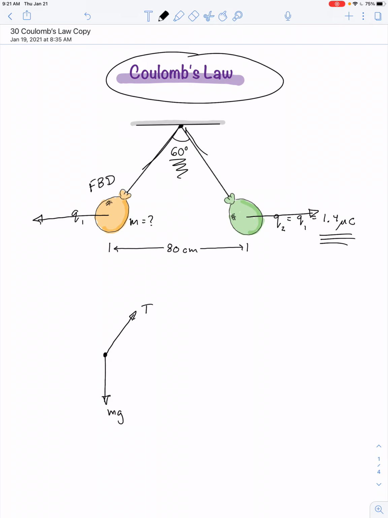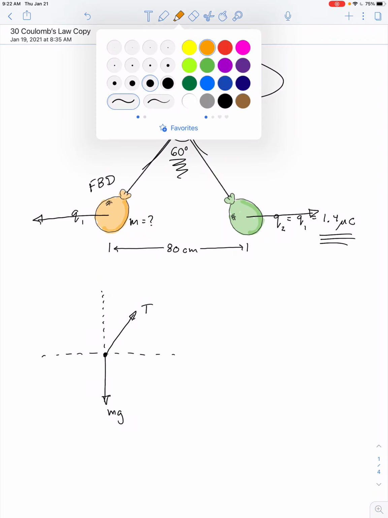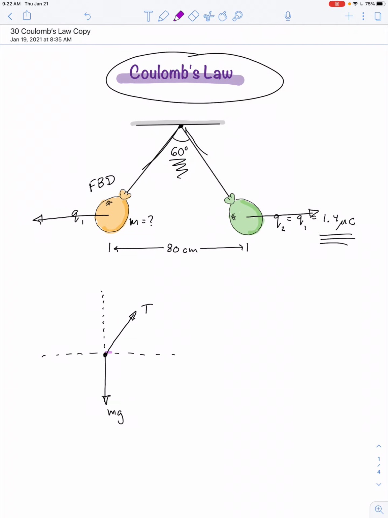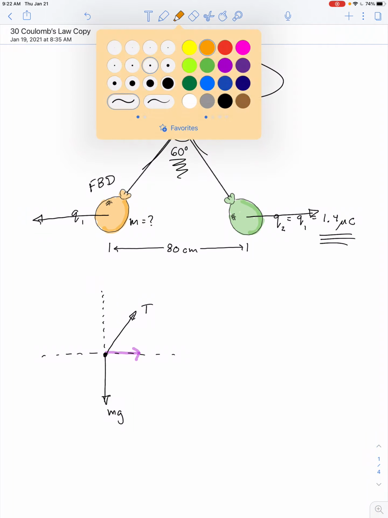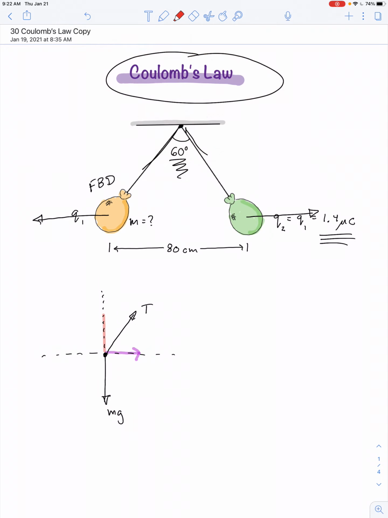And if those were the only two forces, this would not represent equilibrium, right? There's got to be another force that keeps it in equilibrium. In fact, we can put in an x and y axis so we recognize there's a component to the tension vector along the x-axis, and there's a component to the tension vector along the y-axis.